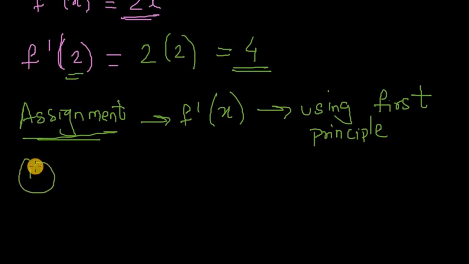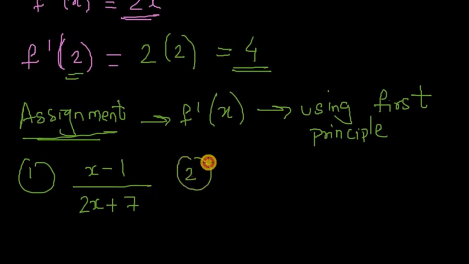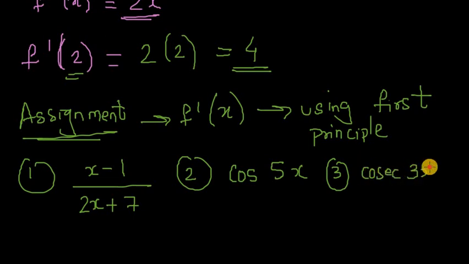Question number 1, x minus 1 upon 2x plus 7. Question number 2, cos 5x. Number 3, cosec 3x.